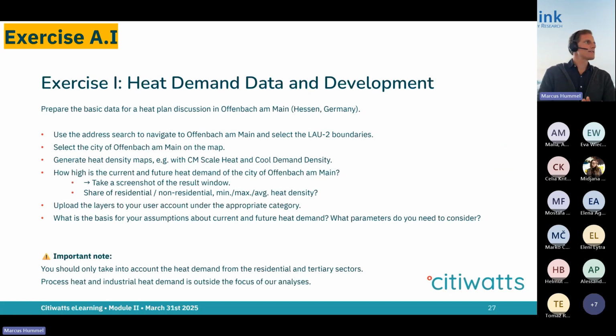Coming to the exercise, in general, Max had also mentioned it already. The idea, what we have prepared also for you, is an exercise for a certain city. Why did we do that for a certain city? The reason is that we prepared a set of input parameters, especially for the district heating supply model, so that you have a set of data that you can already use.